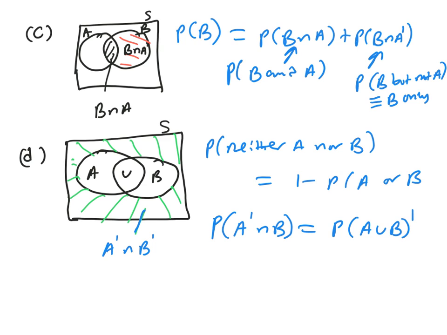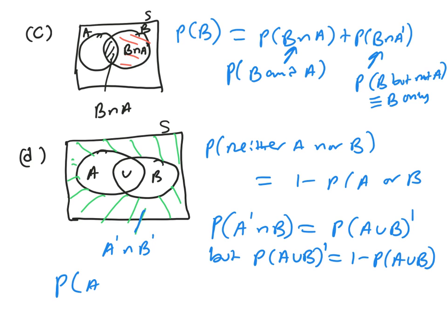But we know something about complementary events: the probability of A union B complement is the same thing as 1 minus the probability of A union B. So we can write that the probability of A complement intersection B complement is equal to the probability of A union B complement, okay? And this result is very important.